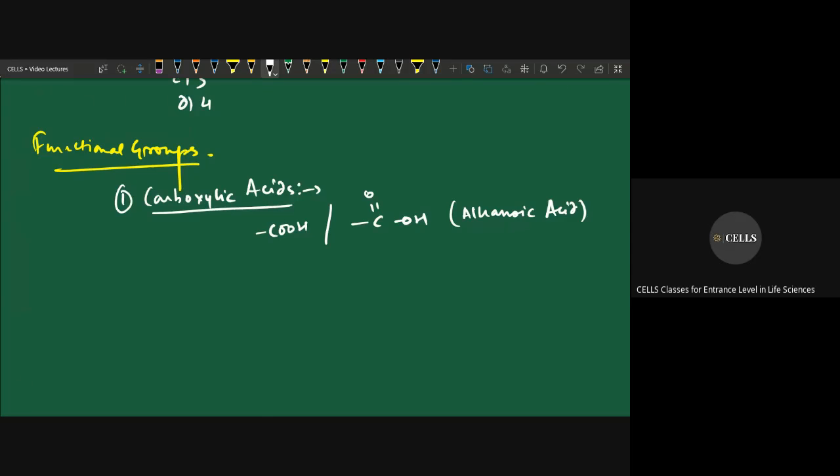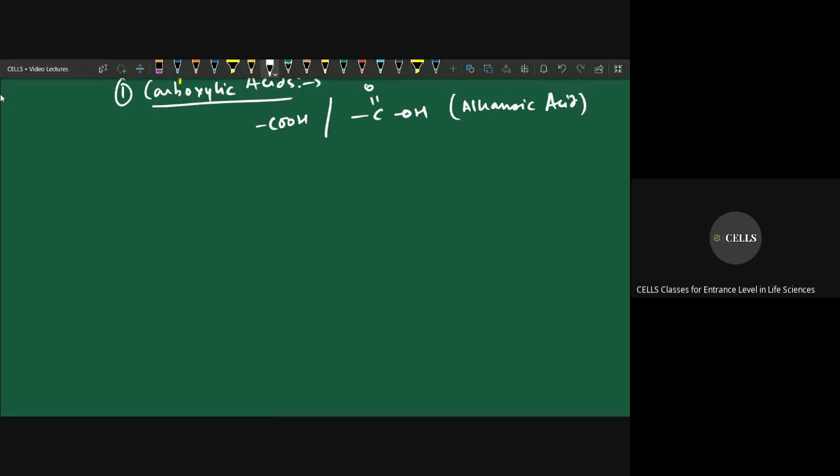Right. Now, first of all, you need to have some key points. Please write them down with me. First point: acid turns blue litmus red. These are the basic things they ask questions on. Second, acid gives carbon dioxide when it reacts with bicarbonate.